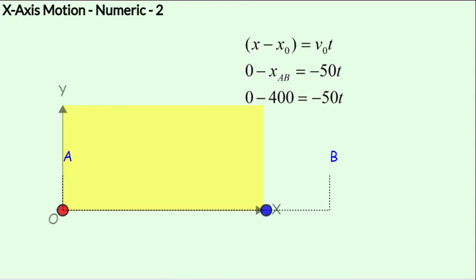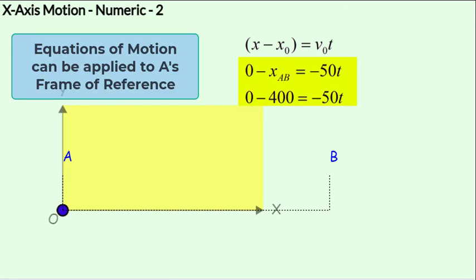And B is approaching A with a velocity vb with respect to A, which we had computed as minus 50 meters per second to the left. Now let's plug all this into Newton's second equation of motion. In this equation, we are plugging in all the data as seen by A, so everything is with respect to A.